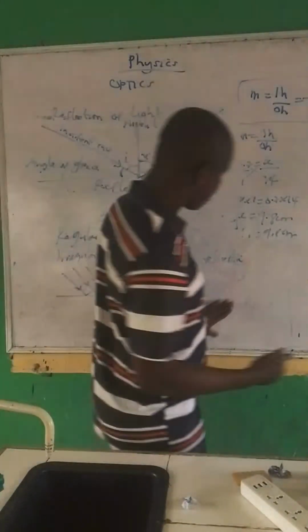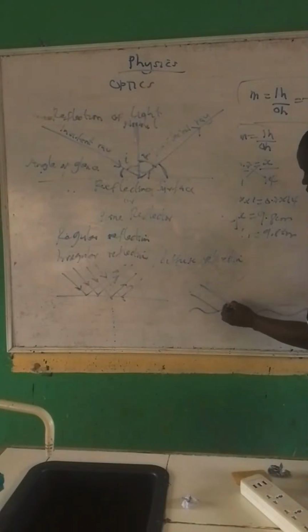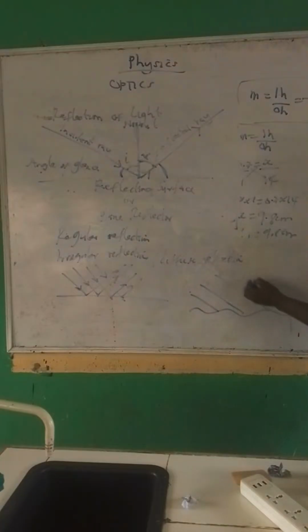But when the surface is rough, we have diffuse or irregular reflection. Let's say a beam of light is approaching the reflecting surface, but because of the slope, the surface is not really smooth.